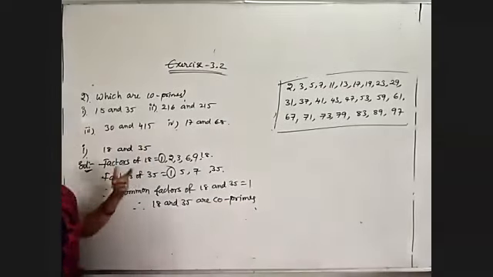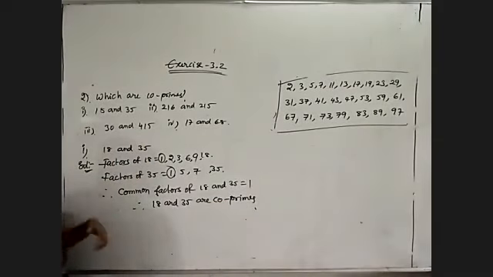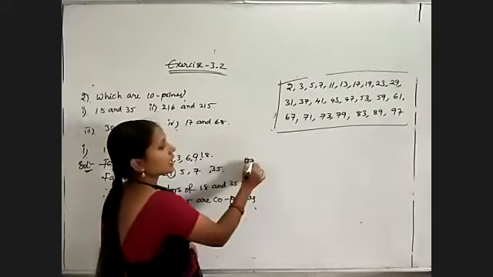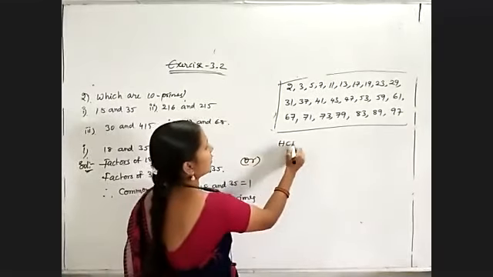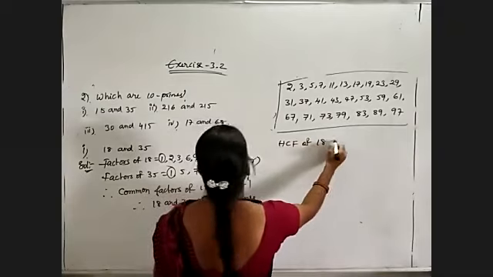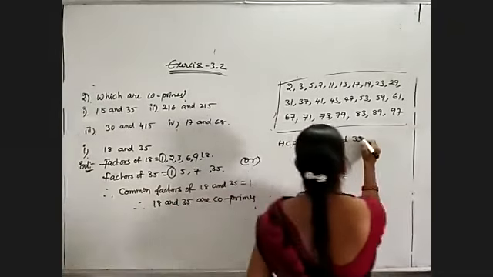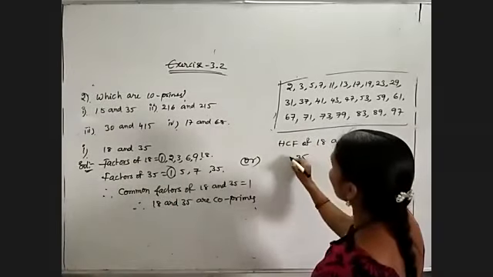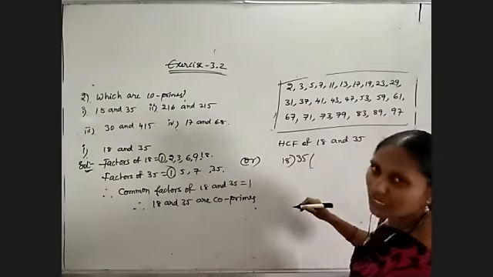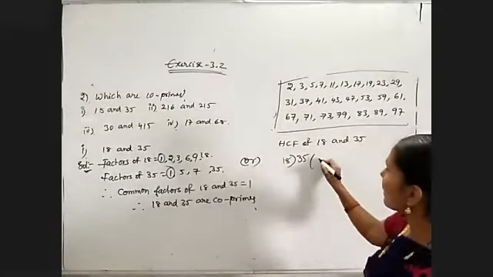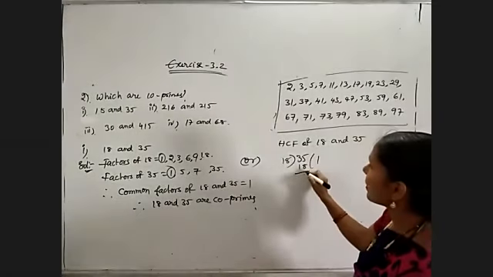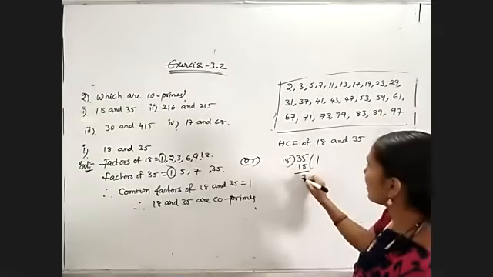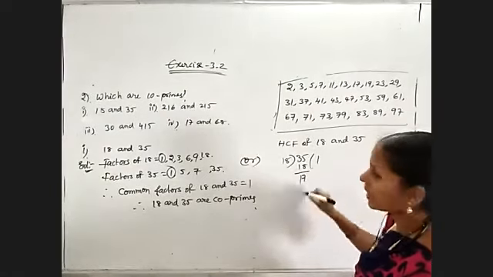Instead of all this, as I told you, go with the HCF. Find the HCF of 18 and 35 by division. Divide the greater number by the smaller number. 18 ones are 18, 35 minus 18 is 17.